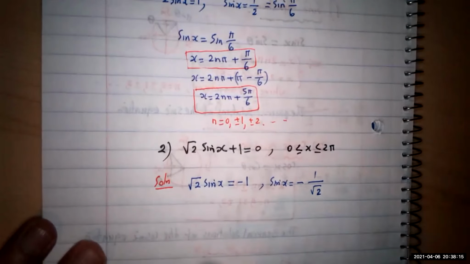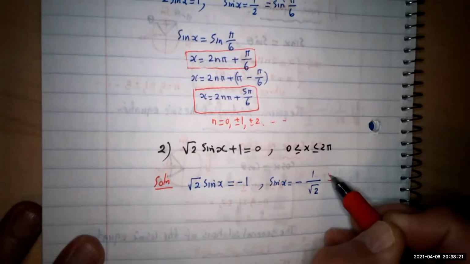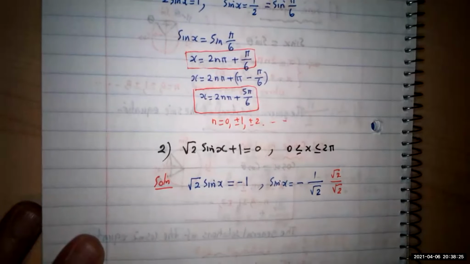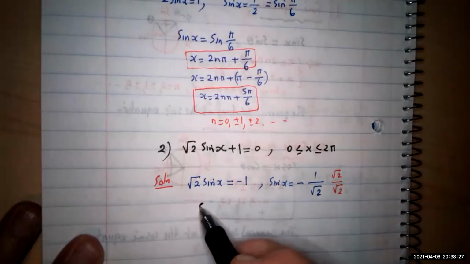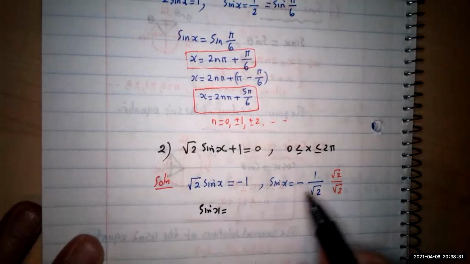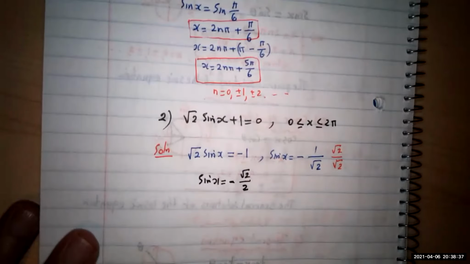You just multiply by radical 2, the top and the bottom, so it's going to be radical 2 over radical 2. So we get sine x equal to negative radical 2 over 2.